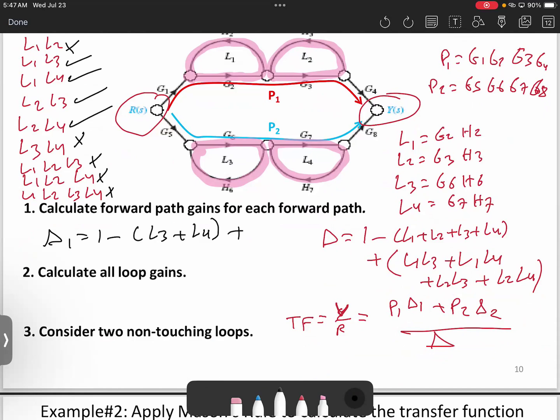Then L1 L3, 0. L1 L4, 0. L2 L3, 0. L2 L4, 0. Nothing, right? So we'll keep it. How about delta 2? Anything the blue path touches, L3 and L4, will be 0, right? So it will be 1 minus L1 plus L2. Then L1 L3, 0. L1 L4, 0. L2 L3, 0. L2 L4, 0. Therefore, nothing.